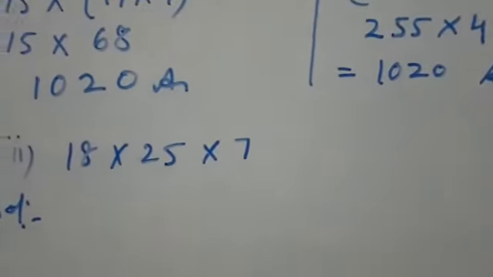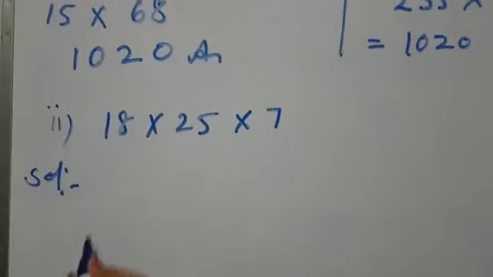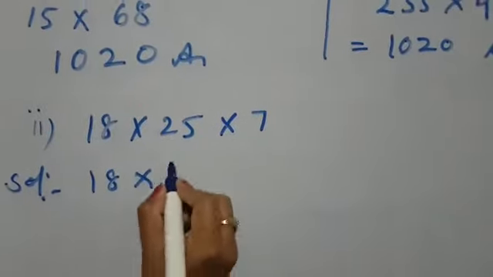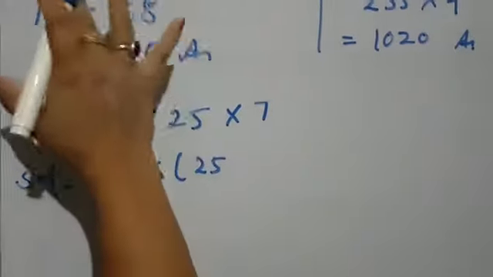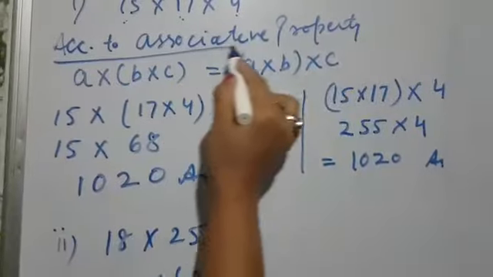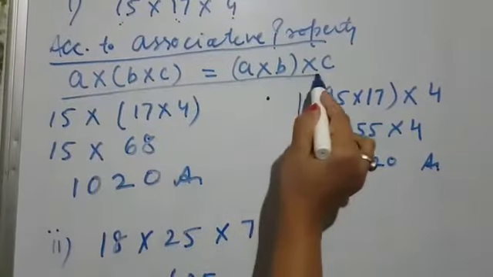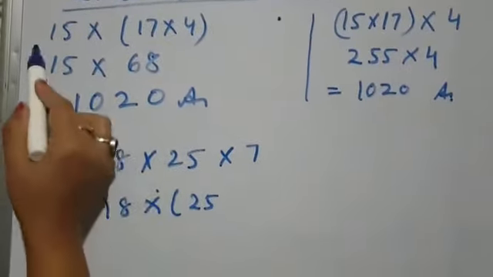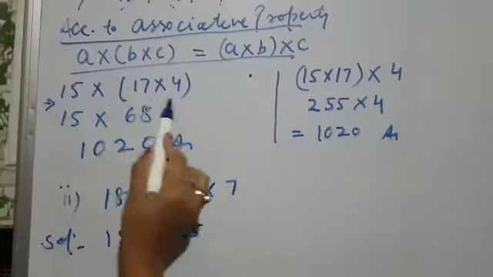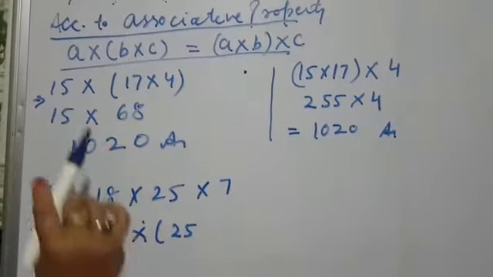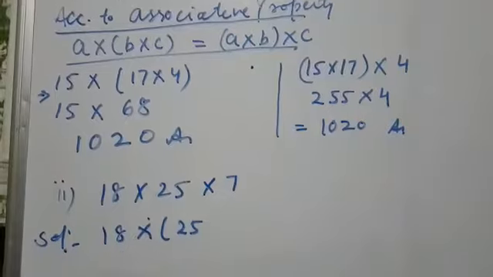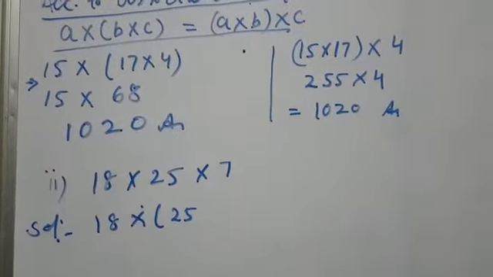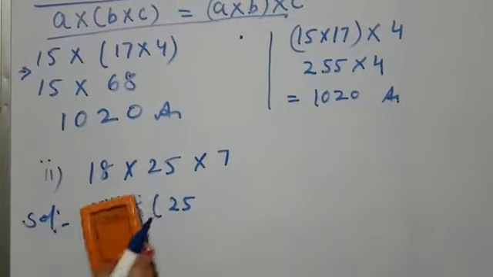So the second part of this sum is 18 multiply 25 multiply 7. So I will take 18 outside, 25, and according to these two lines you will write this line and this line. I am doing from this part. If you want me to write, I will write for you.